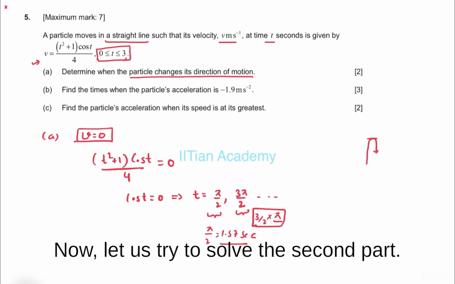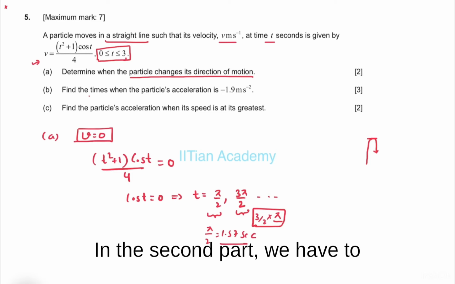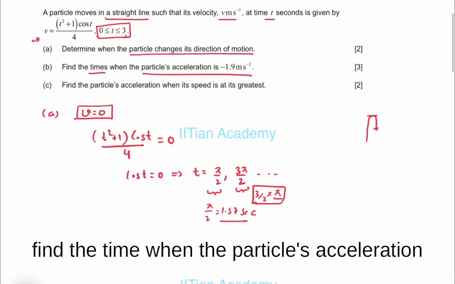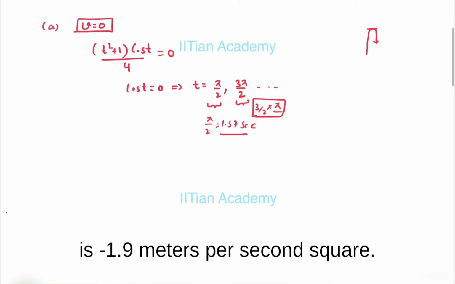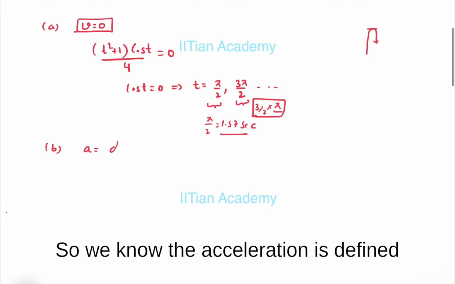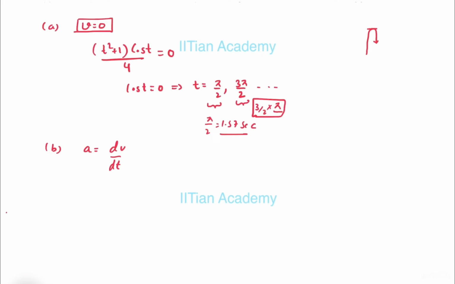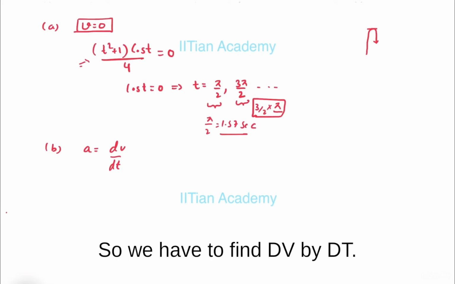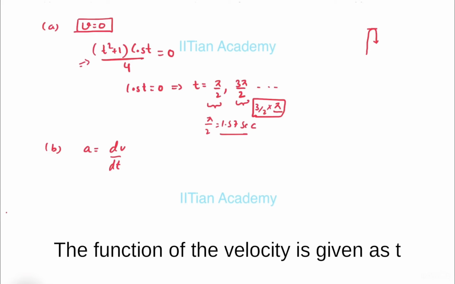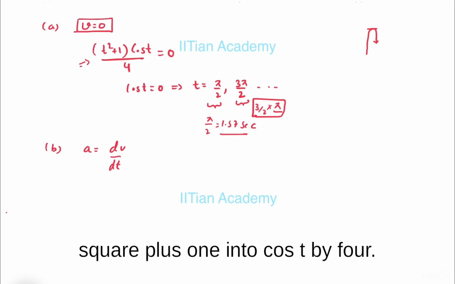Now let us try to solve the second part. In the second part, we have to find the time when the particle's acceleration is -1.9 meters per second squared. So we know the acceleration is defined as the first derivative of velocity. So we have to find dv/dt. The function of the velocity is given as (t² + 1) cos t / 4.